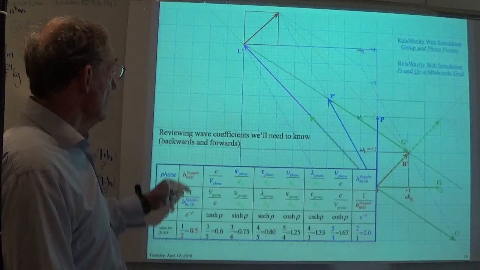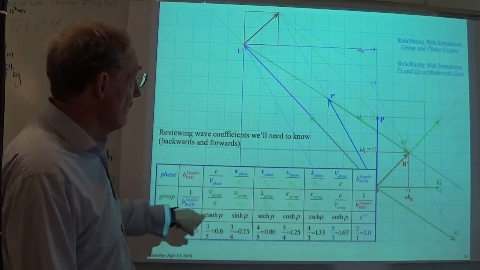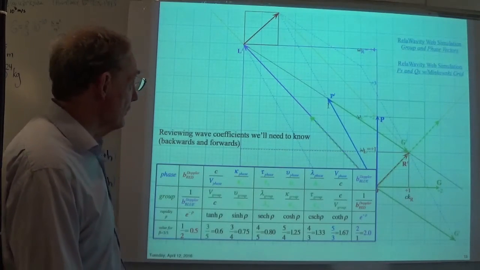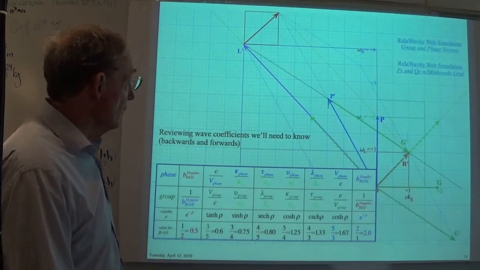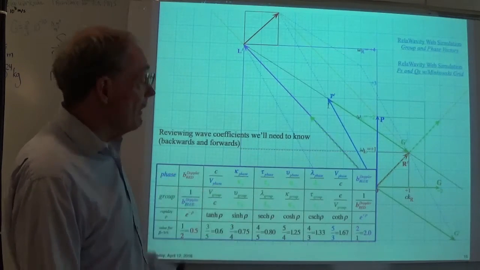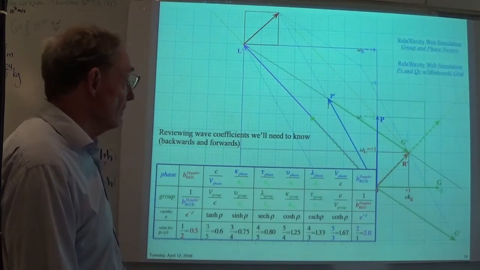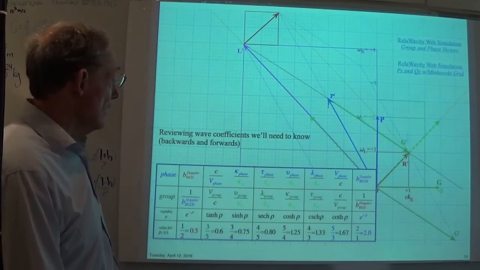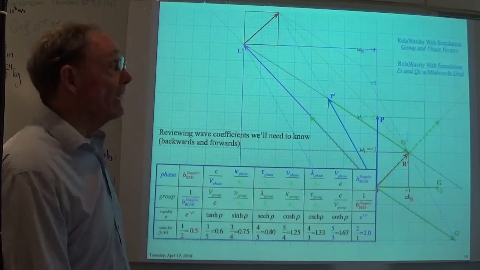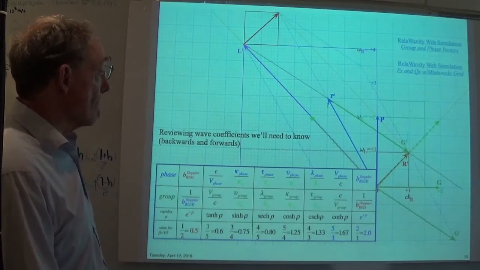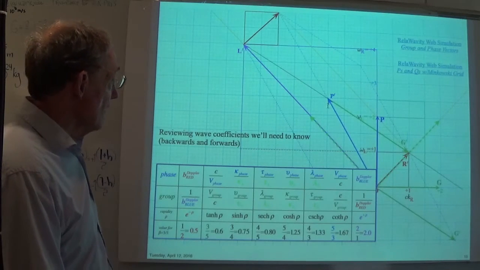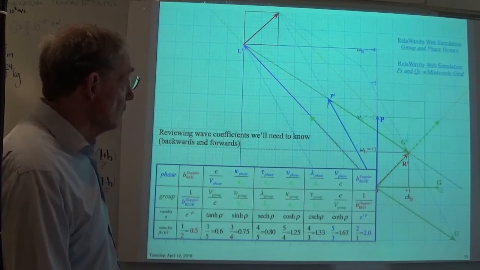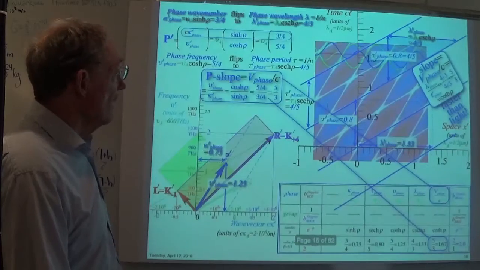And also, these are the coefficients, all of the coefficients that we're going to be using for the rest of the course here. Some of them are famous names, and some of them aren't. They've been ignored. They shouldn't be. They're all important for relativistic and quantum mechanics. So that's mainly what we want to do today, is look at these things and see where they are.